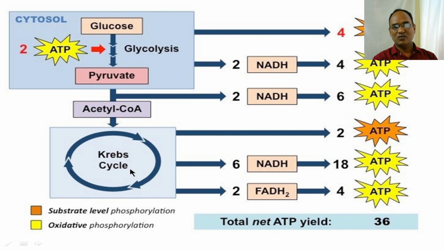So totally at the end of all this cyclic process, glycolytic and Krebs cycle, you'll get 36 energy molecules, actually 38, but we have to deduct the 2 ATP which were invested in the beginning phase. So 36 net ATPs are released. This is the entire process of glycolysis and the Krebs cycle.